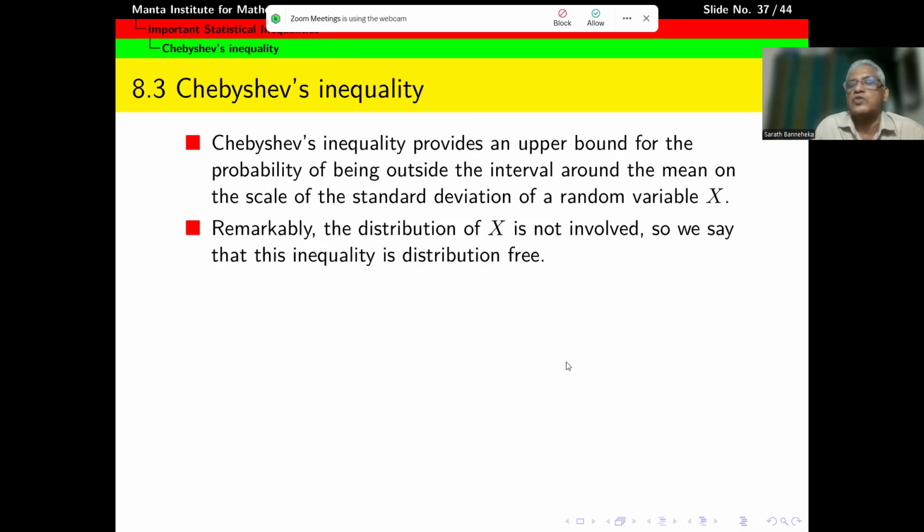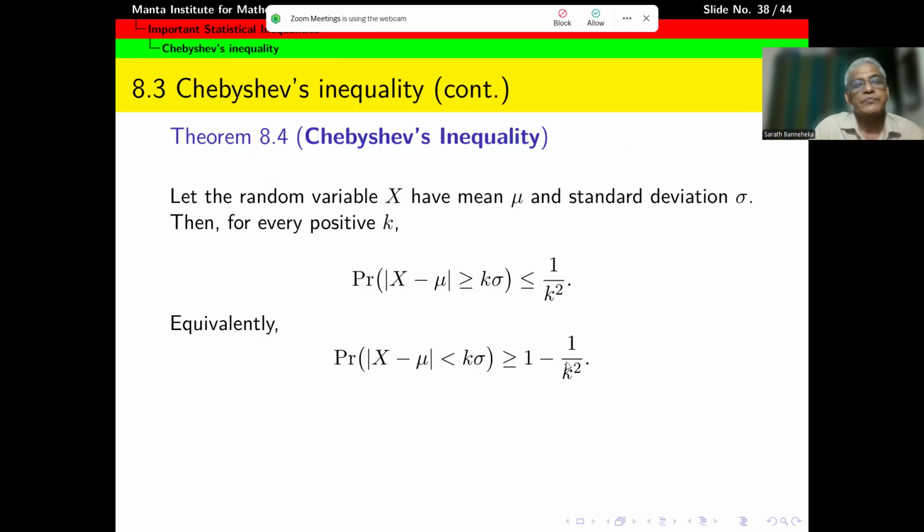Regardless of the actual distribution, this inequality will be valid. So it's going to be kind of a conservative inequality, right? If you consider a particular distribution, you may be able to get a better inequality. But anyway, this is also true, valid for any random variable as long as it has a finite mean and finite variance.